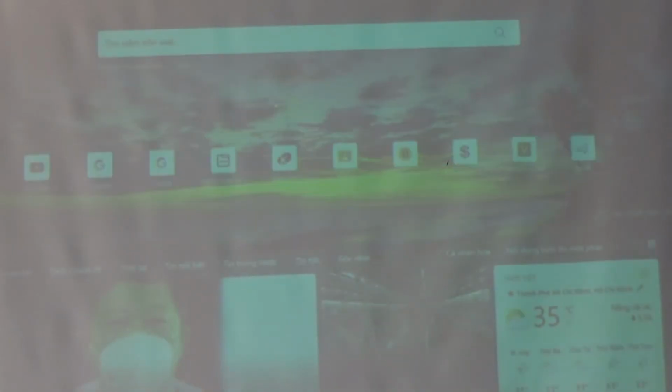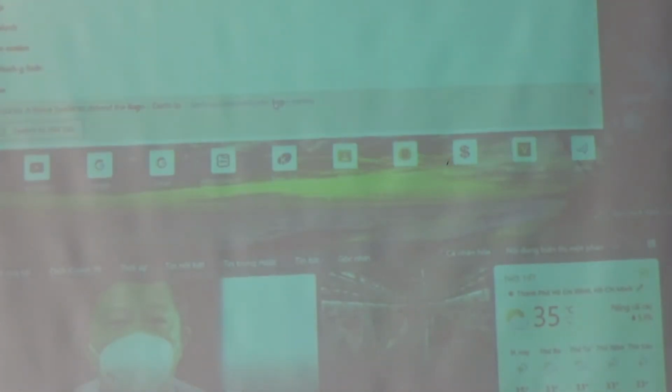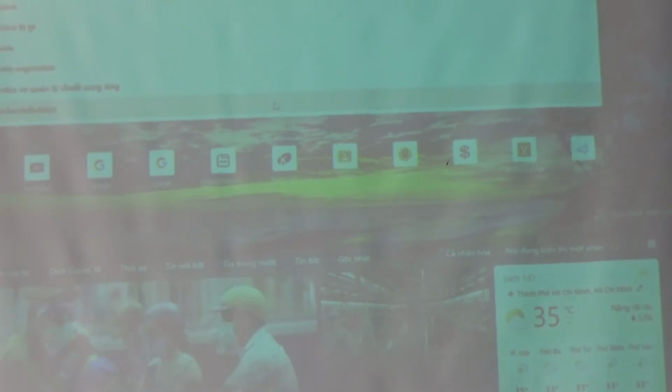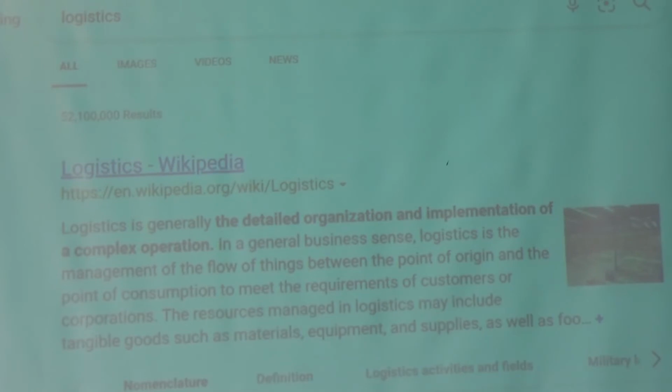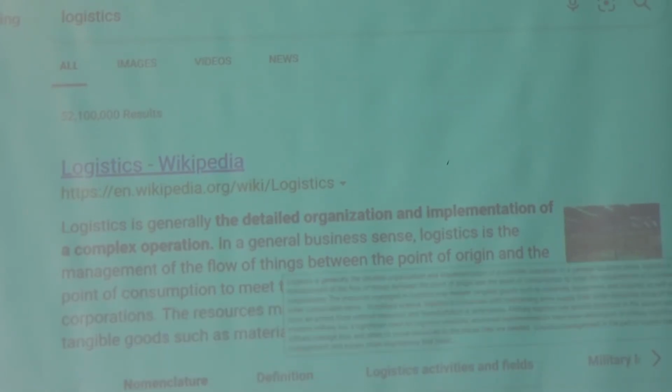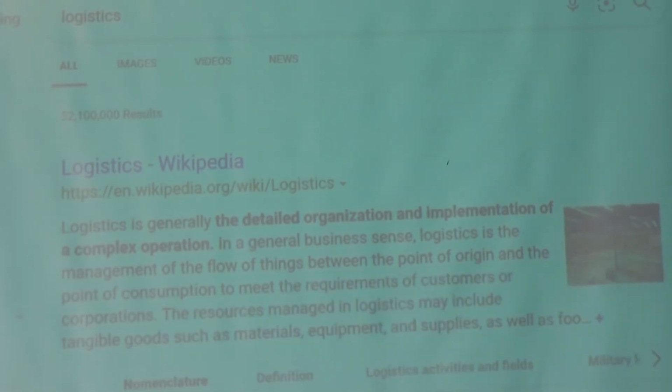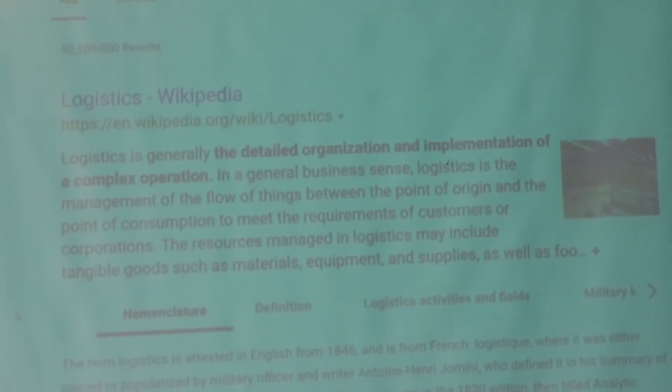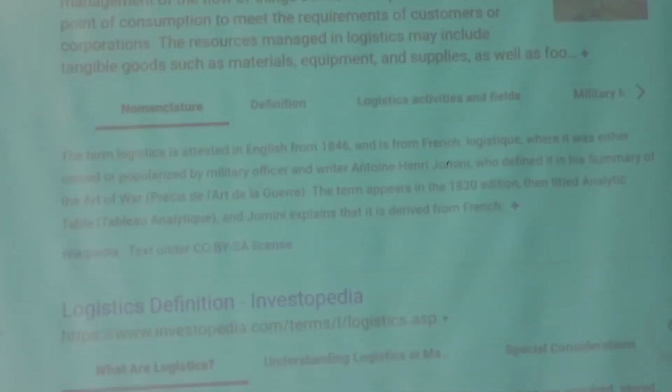Let's define logistics. In a very general definition, it is a detailed organization and implementation of a complex operation.